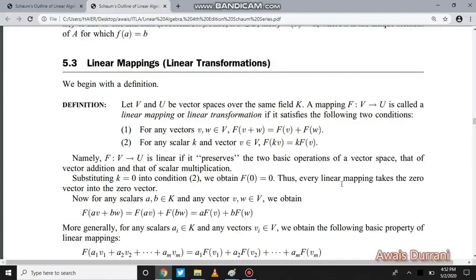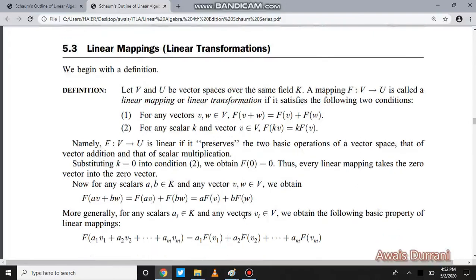It means that in every linear mapping, or every linear transformation, linear mapping and linear transformation mean the same thing here, the zero vector maps into the zero vector. And the two properties are combined over here: f of av plus bw, where v and w belong to the vector space V, is equal to a into f of v plus b into f of w.